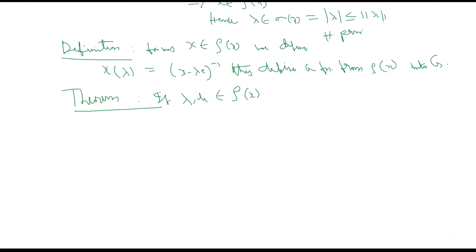Then x lambda minus x mu equals lambda minus mu times x lambda x mu. This is called the resolvent equation.